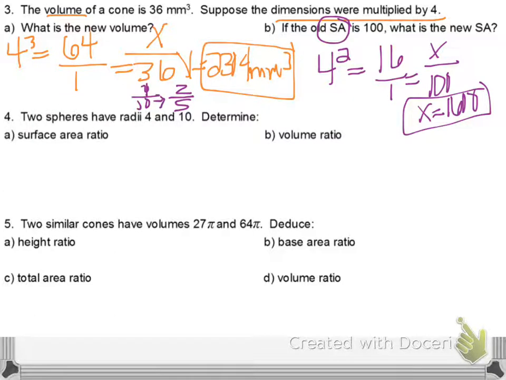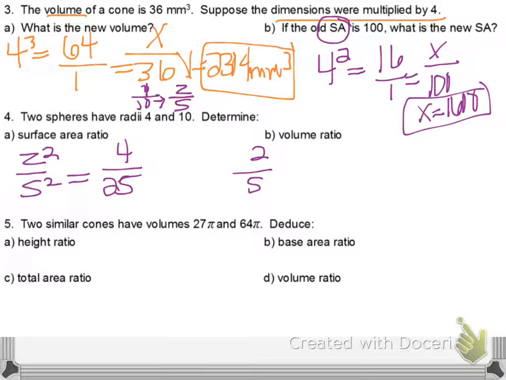So if the dimensions are being changed by 2 to 5, then I'm going to square that. So if I square 2 over 5 for my surface area ratio, that would be 4 over 25. And for my volume ratio, I am going to cube 2 over 5. So that would be 8 over 125.